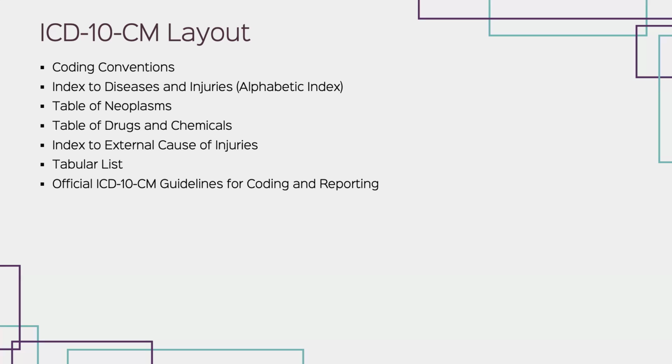It's going to tell you when you can code things together, when you need to code them separately, any guidelines, things along those lines. And then you also have your official guidelines for coding and reporting, which will again give more detail about coding things together or separately, any conventions as far as terminology, and things along those lines.